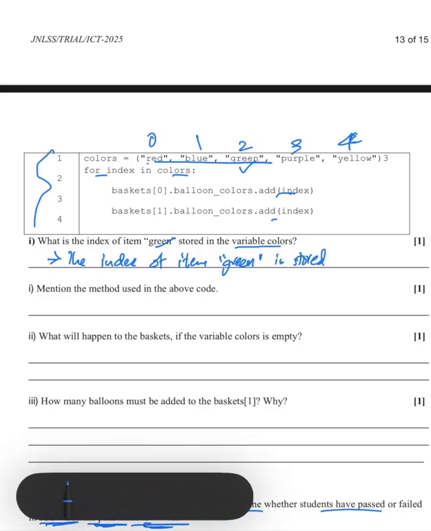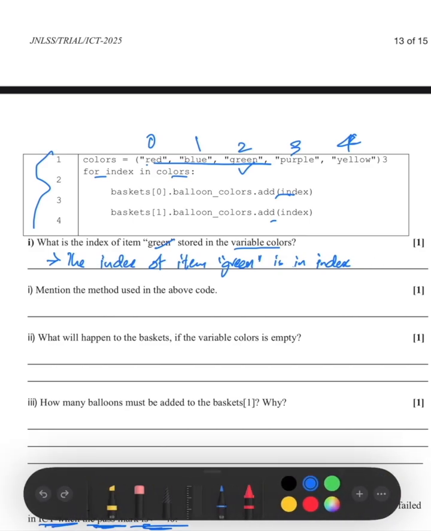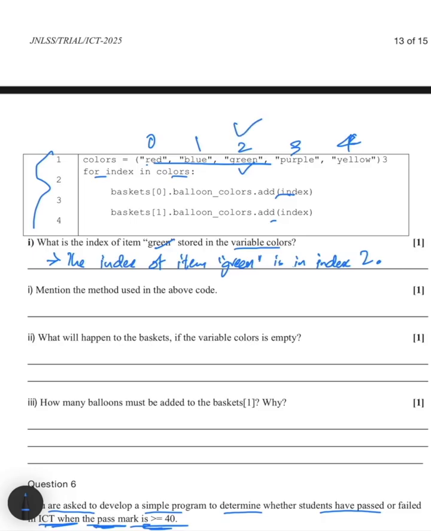So we can directly say the item green is stored in index 3. Sorry, not 3. Index 2. I said 2.